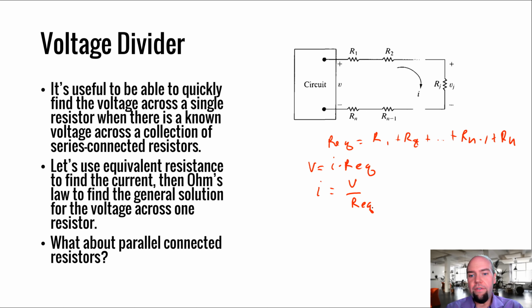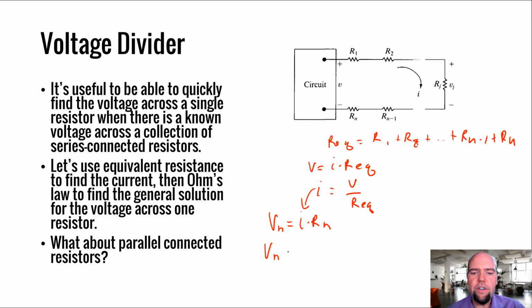We further know that if the current through all of these resistors is V over Req, the voltage across any one of these resistors is going to be that current times the resistance. So for any particular resistor N, the voltage across resistor N is going to be I times Rn.